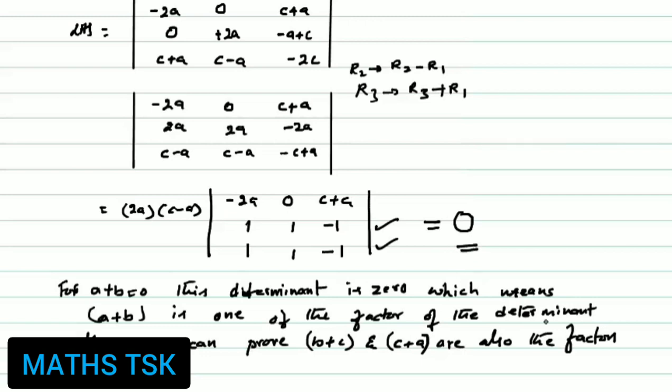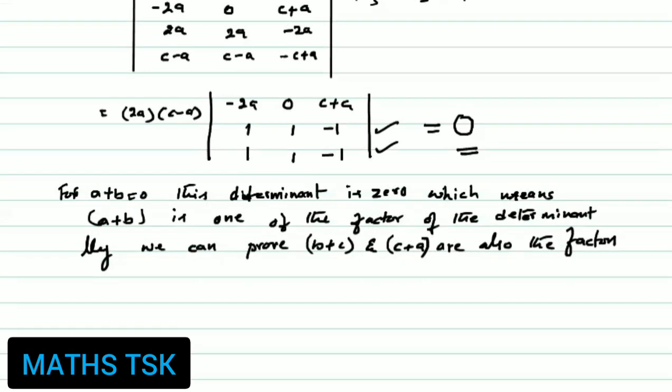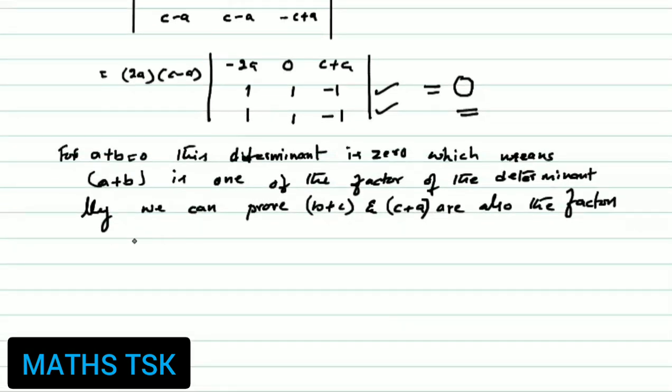So I can write now the determinant like this. This determinant will have factors as a plus b, b plus c, and c plus a.